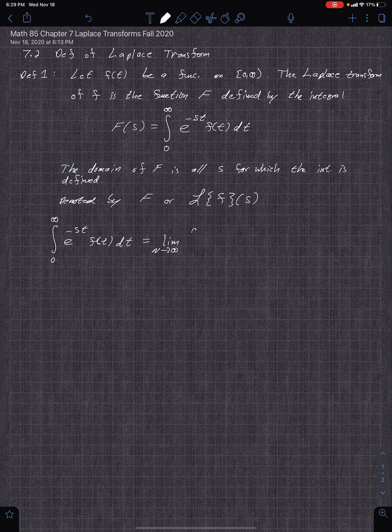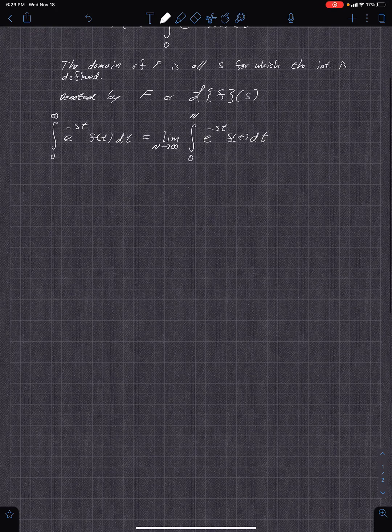Remember, you have to change this into the form of a limit, 0 to n, and then you take the limit when you're done taking the integral. So that's what we'll be doing. We derive some very fundamental ones and often use tables. So let's look at an example of this.